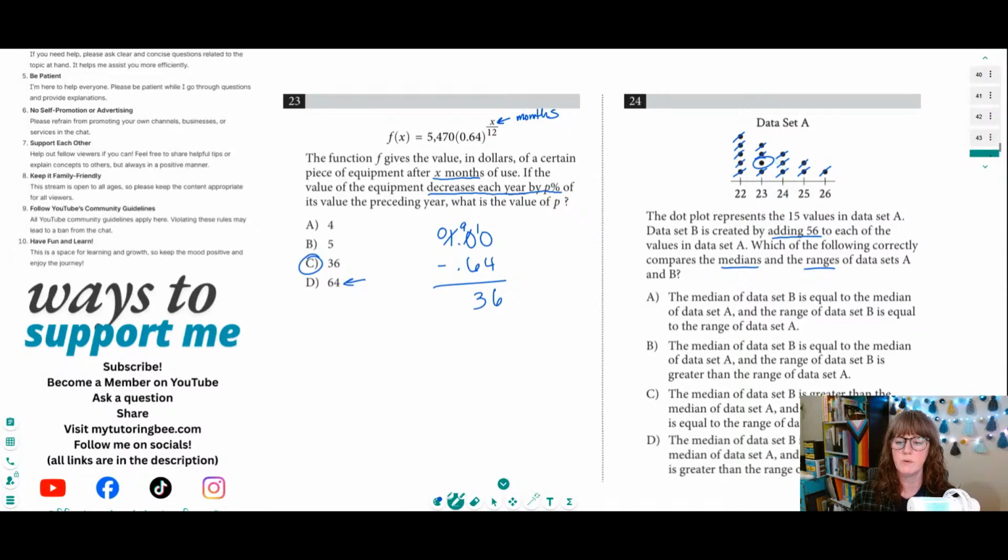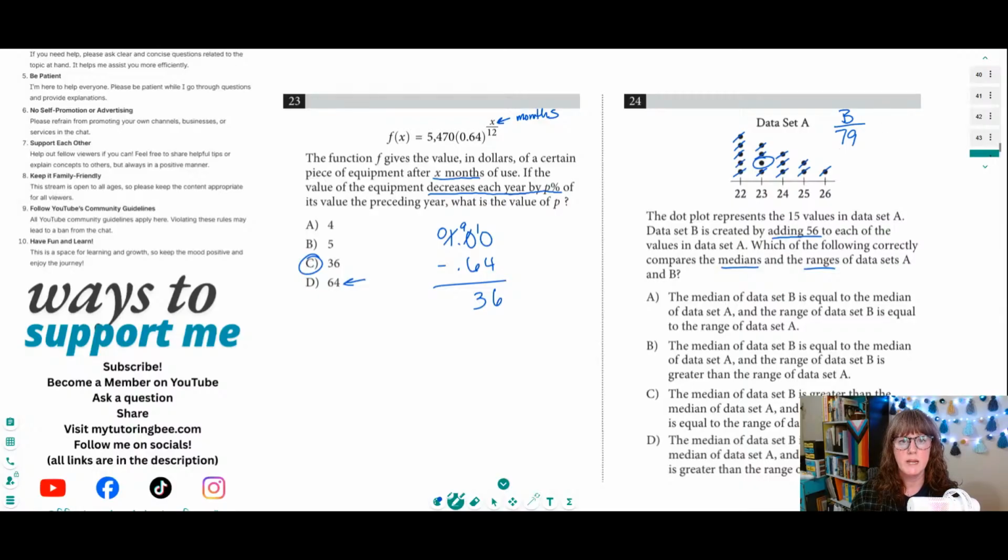So 23 is the median of this data set. If we added 56 to every single one of these numbers, every single one of these numbers would be 56 more. So that means that our median would be 23 plus 56. So 79 would be our new median for data set B.